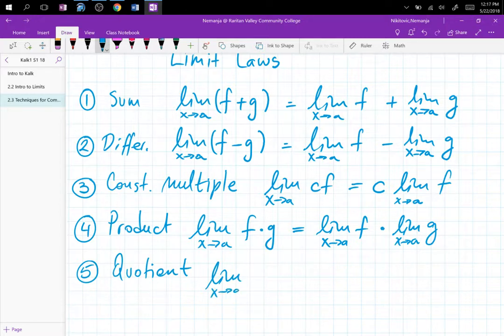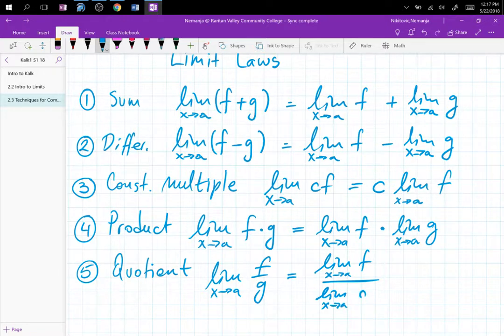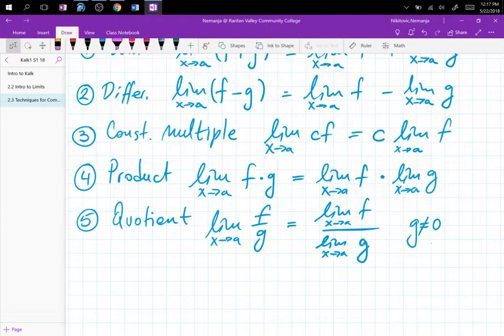So limit as x goes to a of f divided by g is going to be the limit as x goes to a of f divided by the limit as x goes to a of g, as long as g is different than 0. That's important, because we have already seen calculations where sometimes it's undefined, so you have to be very careful about that. 6, power.